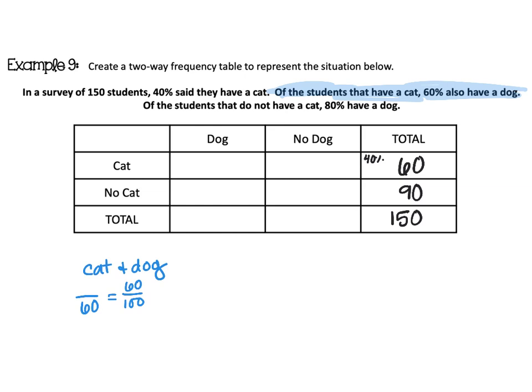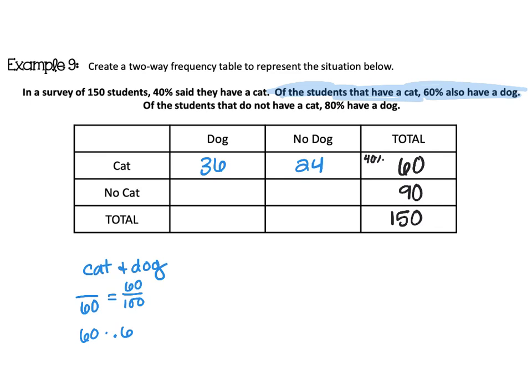So I can cross multiply, or I can say 60 people times 0.6, which is 36 people. So there are 36 people that have a cat and a dog. And because that has to total up to be 60 people, I know that there are 24 people who have a cat but no dog.